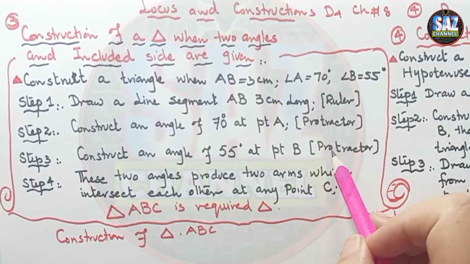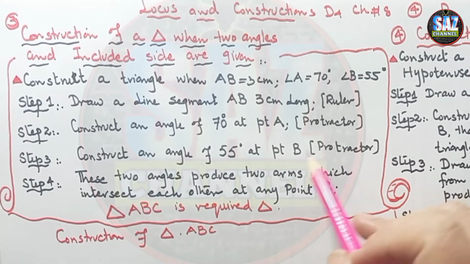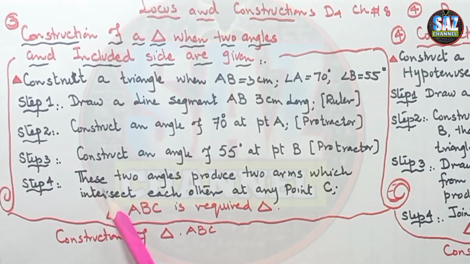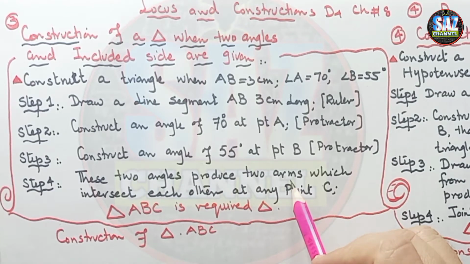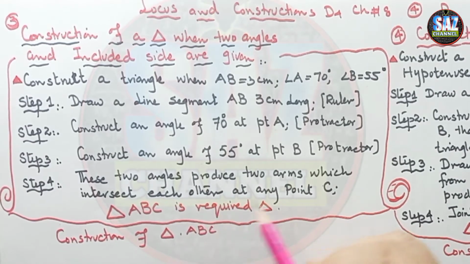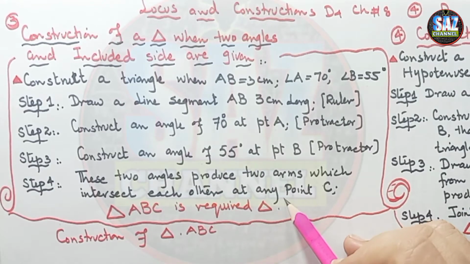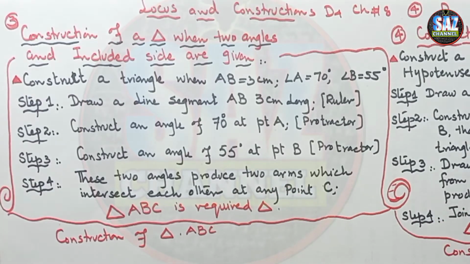And for the construction of angles we need the protractor. And then in step 4, these two angles produce two arms which intersect each other at point C, and then triangle ABC will be the required triangle. So let's try to understand the procedure practically.